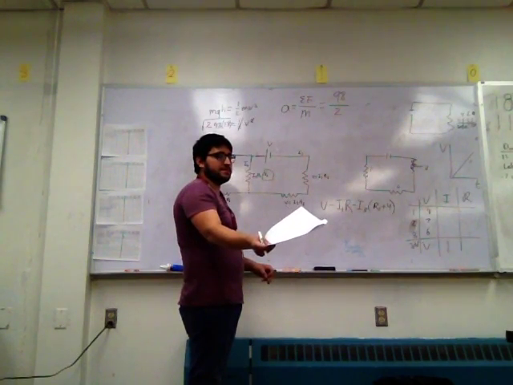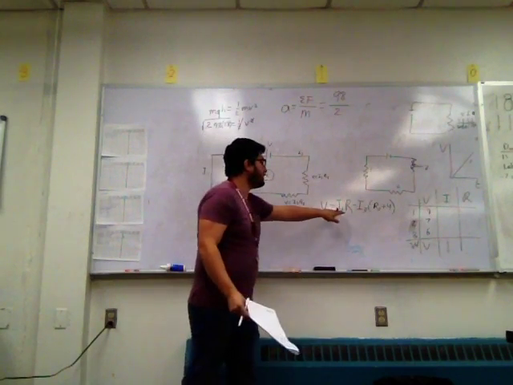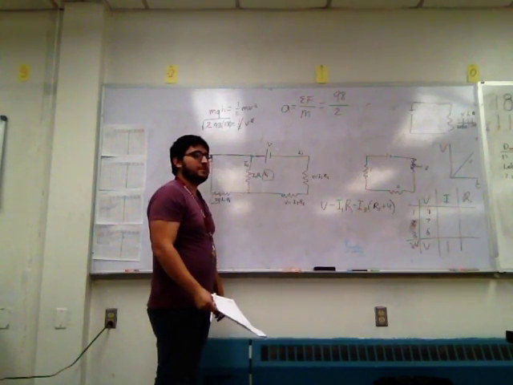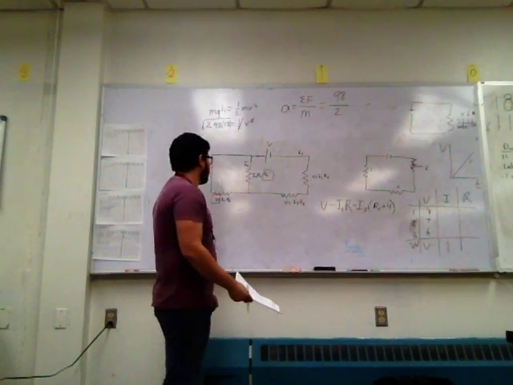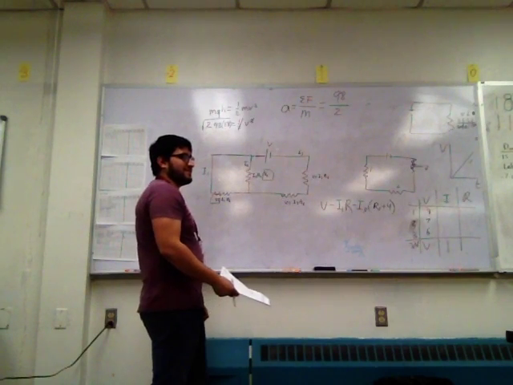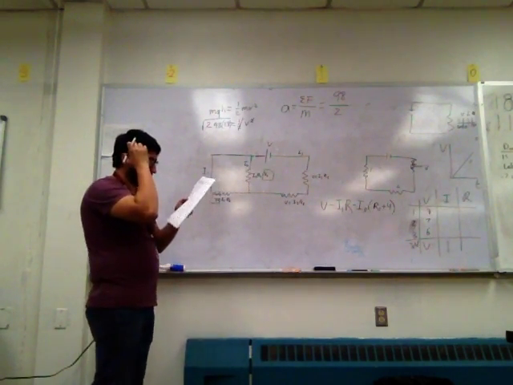Does that make sense to you? Why I can put this one or that one right there? Because they're the same. Yeah, they both equal the same thing. Okay. So that's why A is one of the answers right there.